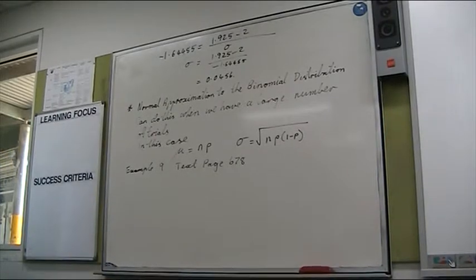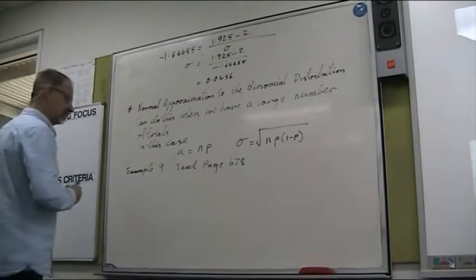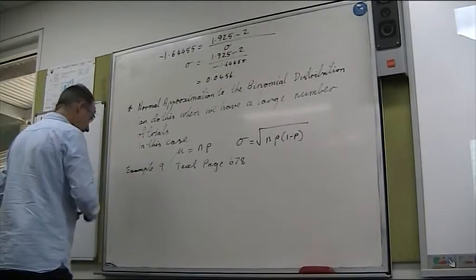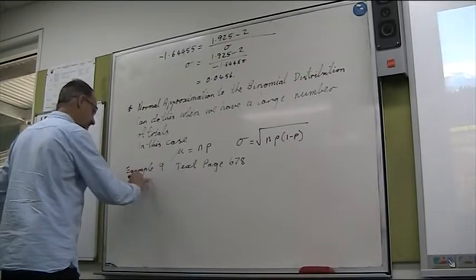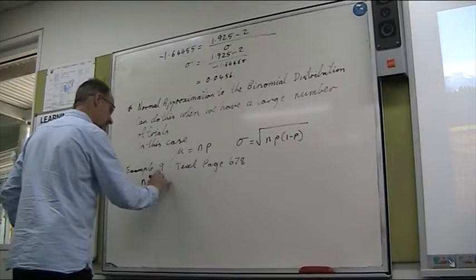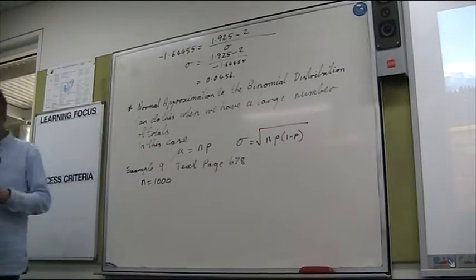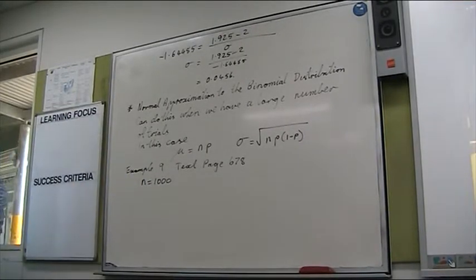Alright, so a sample of 1,000 people. That's a lot of people. From a certain city, we're asked to indicate whether they're in favour of a new freeway. It's known that 30% of the people in this city are in favour.